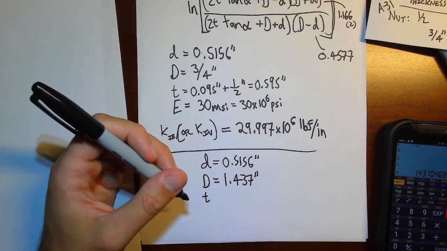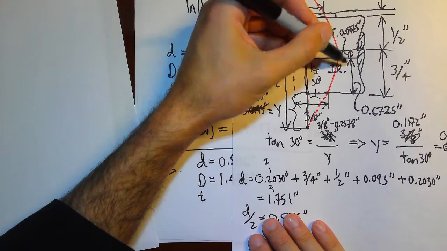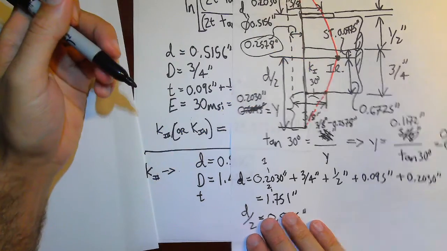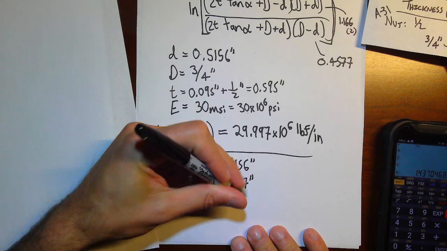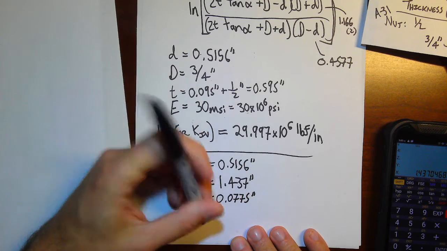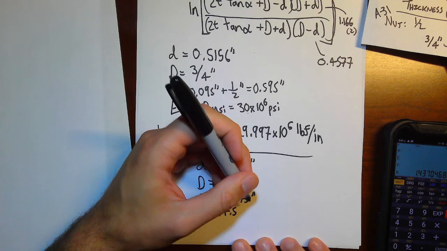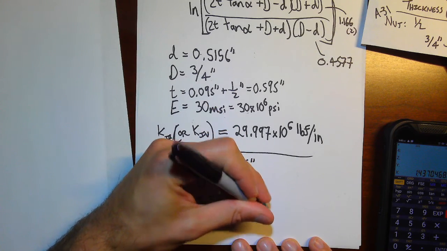Thickness I had figured out before. I go over here, found out where the point of intersection was, so it's 0.0775. And this is an iron, so it's a 14.5 times 10 to the 6th psi elastic modulus.